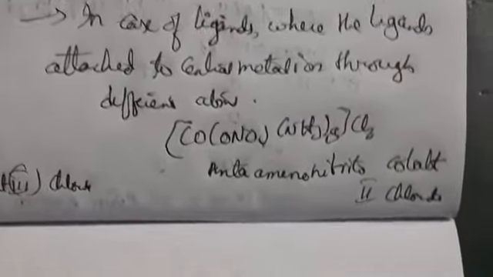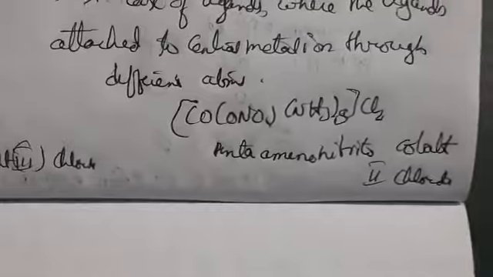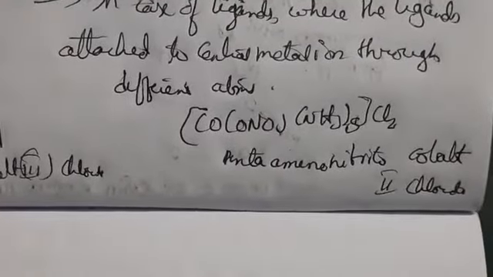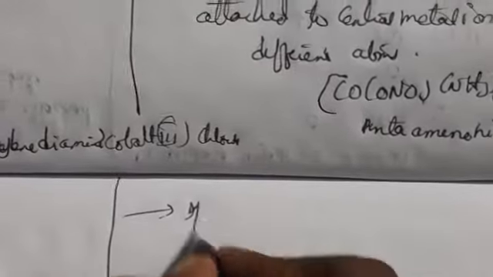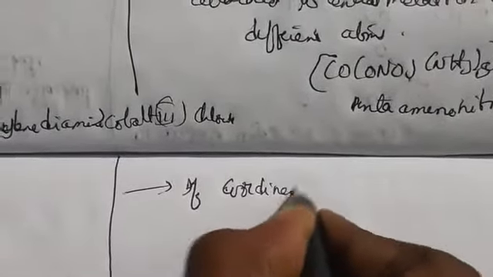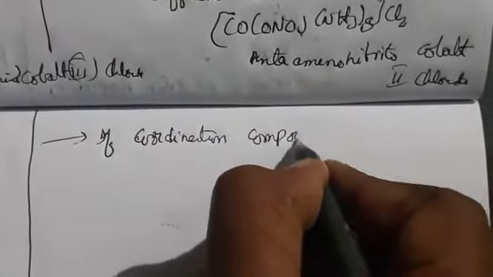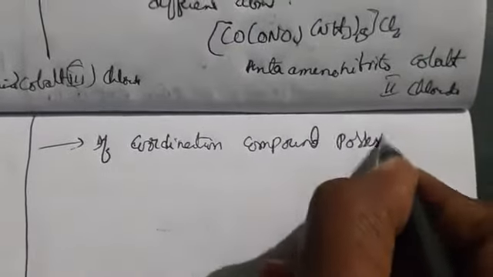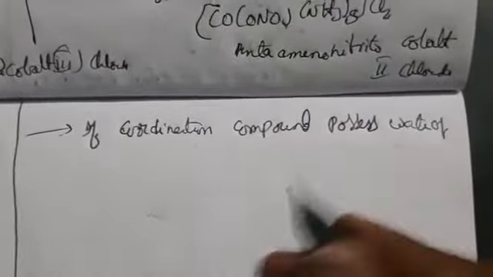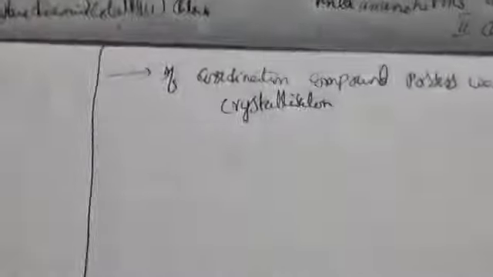If suppose coordination compound is having water molecule, so if coordination compound having water of crystallization, then how we are going to write? Tetraaquo dichloro cobalt 3 chloride 2 water, like that we have to write. So what we can say? If coordination compound possess water of crystallization, then how we can write here?